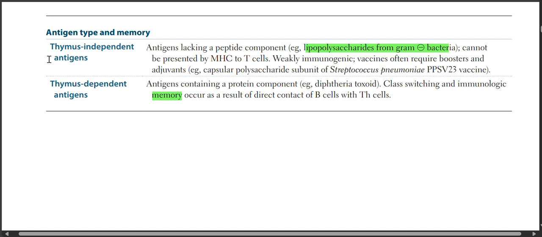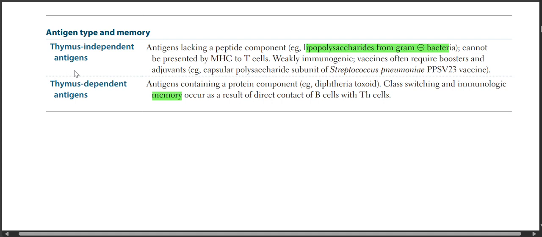Now, which one of these do you think is a part of adaptive immunity? Is it the thymus dependent or the thymus independent? For the memory cells, right? Yes, thymus dependent is memory cells.